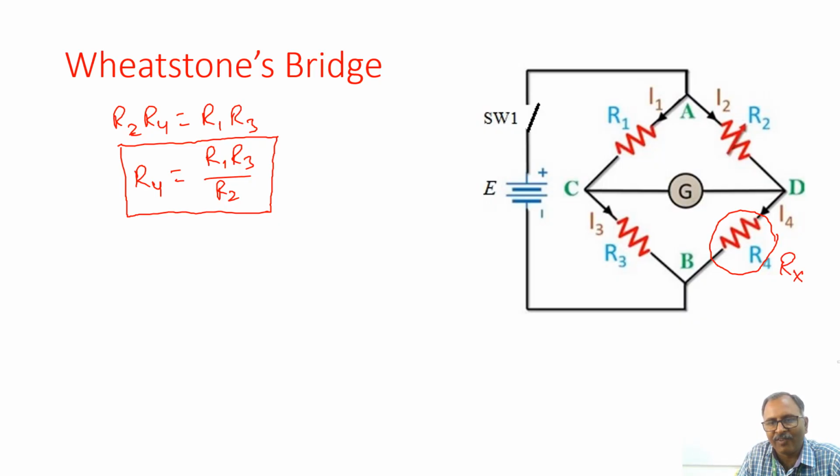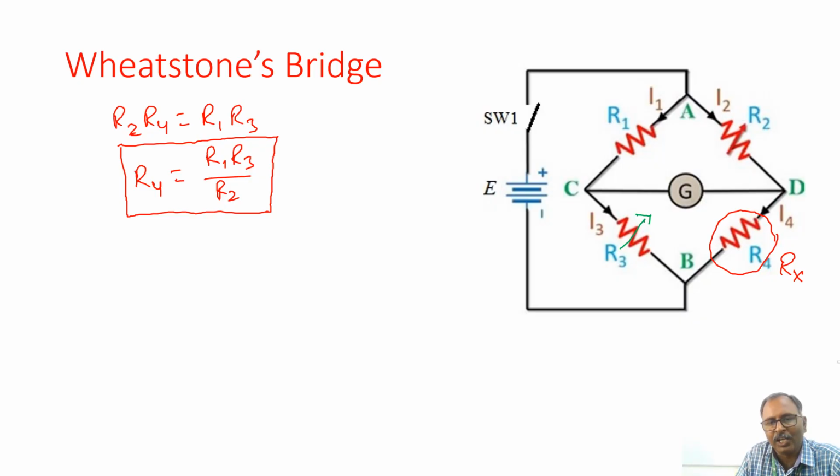Then in place of R4 we are going to connect Rx, and from the remaining R1, R2, R3, one of the resistances is going to be made variable. Suppose I make R3 variable, then in place of R4 I connect Rx, and then I vary R3 such that there is no current flow through the galvanometer.